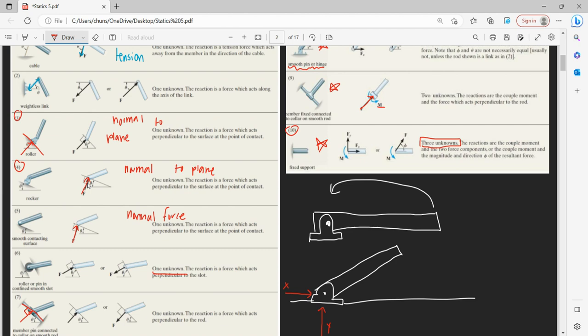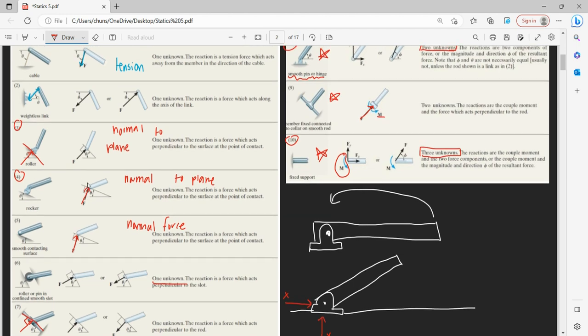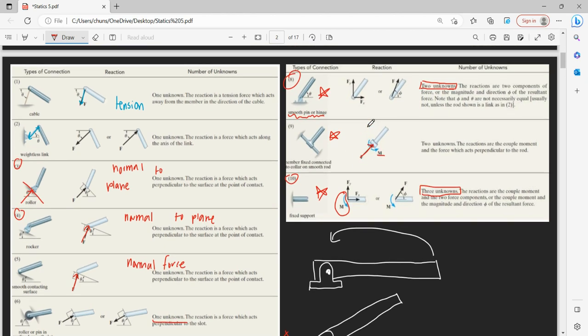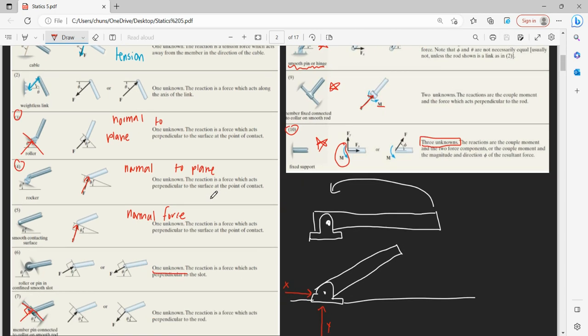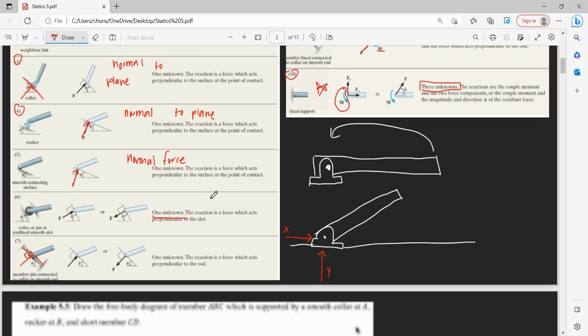So because you can't translate it outwards, upwards, or rotate it, that rotation is also going to cause a moment, right? Because we're restricting movement in our radial directions. So fixed support is going to have three reactions: smooth pin and the member smooth rod collar member have more than one reaction, right? Other than that, we mainly have tension reactions or normal reactions.